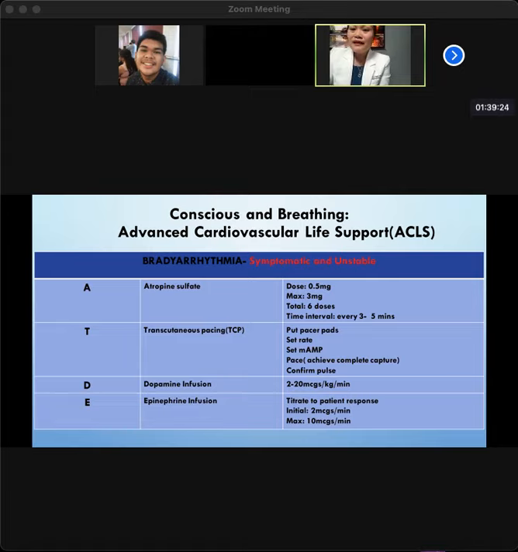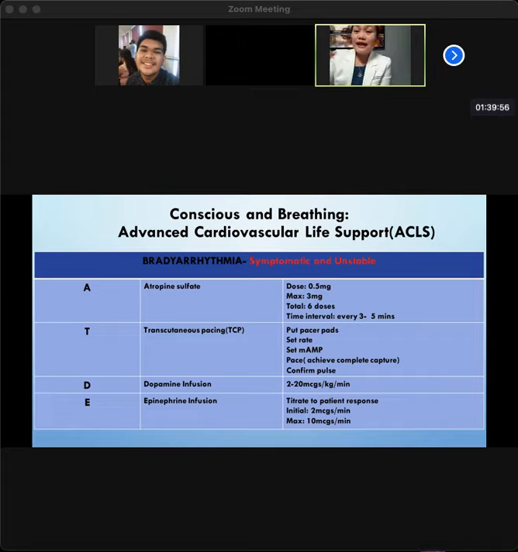Kapag hindi pa rin effective, tapos na si ADE, then you can opt to give your patient transcutaneous pacing. So, yun lang. Maglalagay ka ng pacer dito. Ito, temporary lang. Pero, if you have permanent pacemaker, then you can insert.